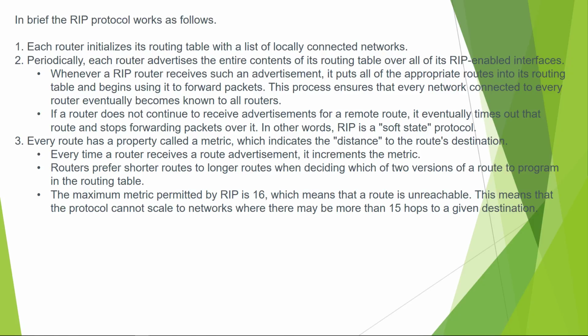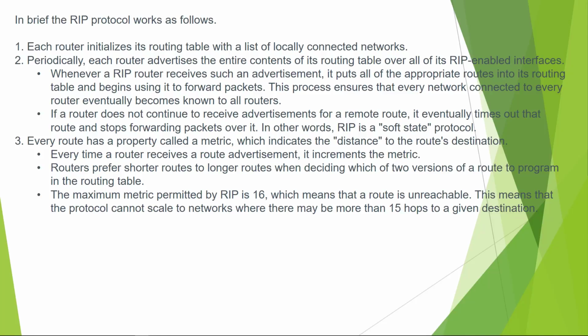The process ensures that every network connected to every router eventually becomes known to all routers. If the router does not continue to receive advertisements for a remote route, it eventually times out that route and stops forwarding packets over it. In other words, RIP is a soft state protocol.